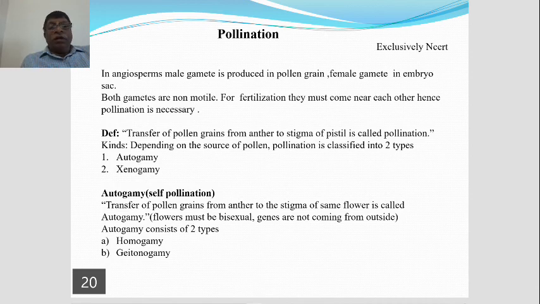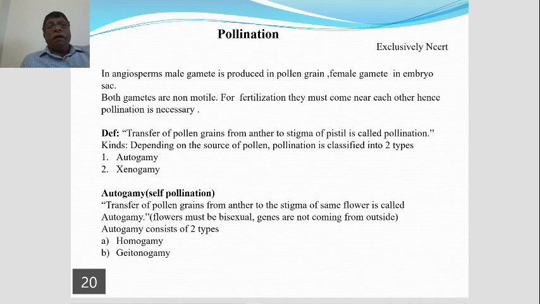When pollination takes place, the pollen grains are deposited on the stigmatic surface of the pistil or gynoecium.